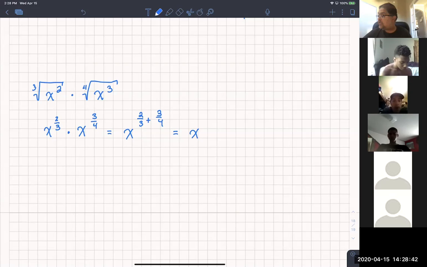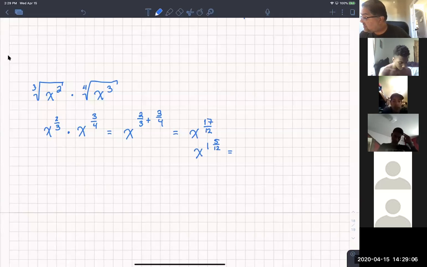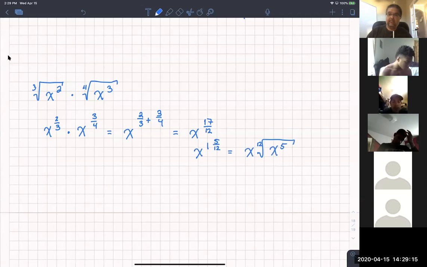So this is 8 twelfths plus 9 twelfths, which is 17 twelfths. And so if you convert this, it'd be x to the 1 and 5 twelfths, which is x times the twelfth root of x to the fifth. Is that what you got?